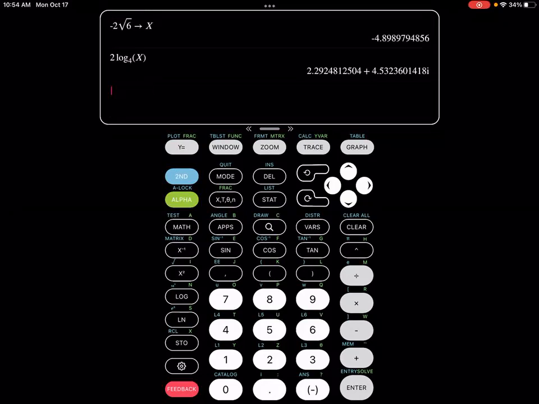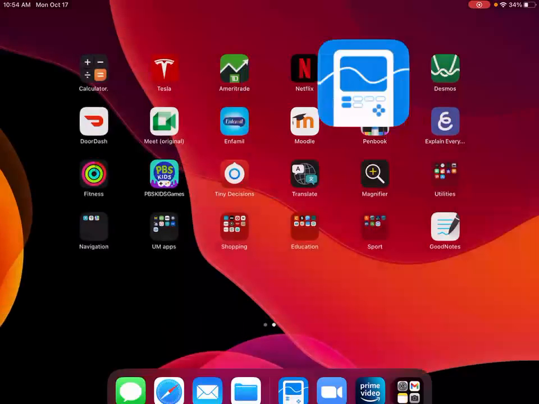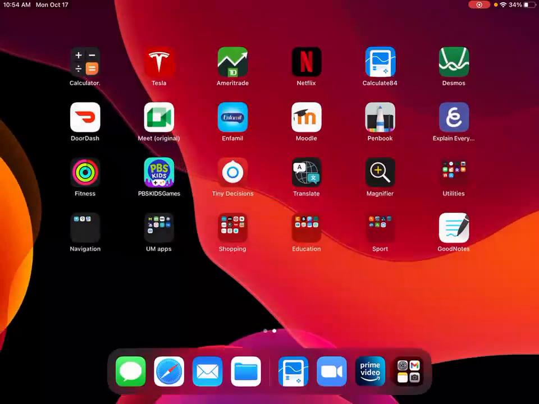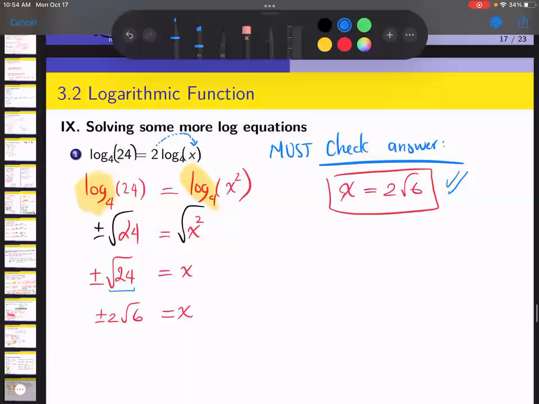So you know that it's not a real solution. We want real solutions only. So only positive for the input.